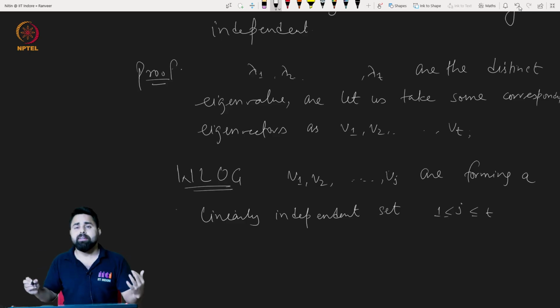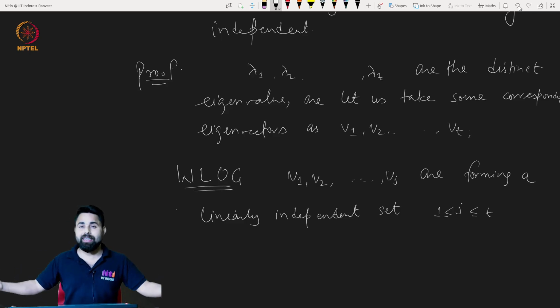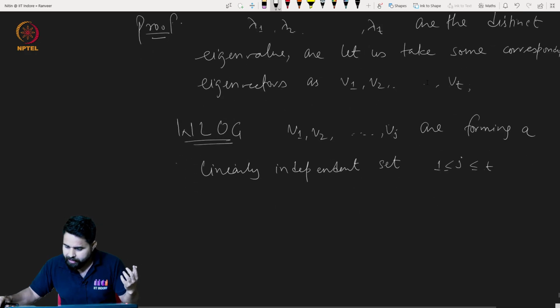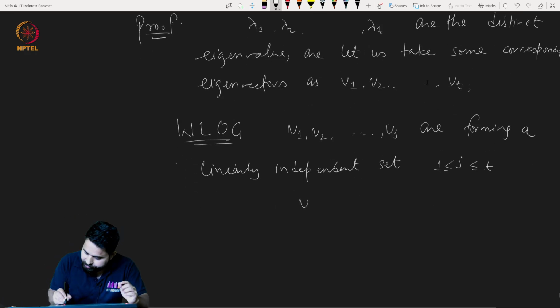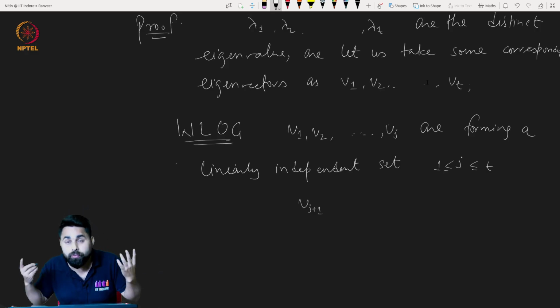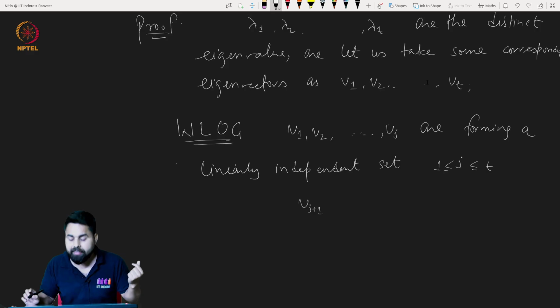But if you take any j plus 1 vectors, they form a dependent set. So take the vector vj plus 1. By the way, this ordering doesn't matter; you can take any j vectors that form a linearly independent set.